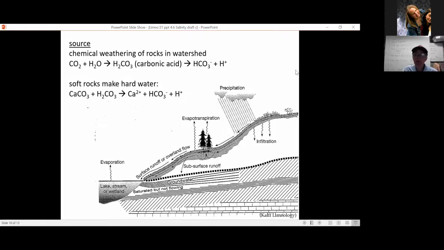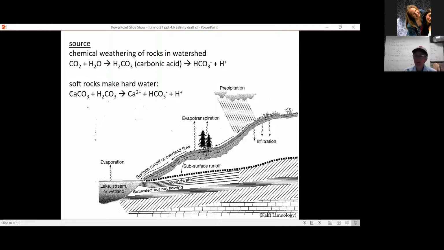Now the rule for rocks is that soft rocks make hard water. By soft rock, we mean like limestone and sandstone and shale, sedimentary rocks, rocks that are made out of ocean sediments from long, long ago. By hard water, what we actually mean is water that has calcium carbonate in it.